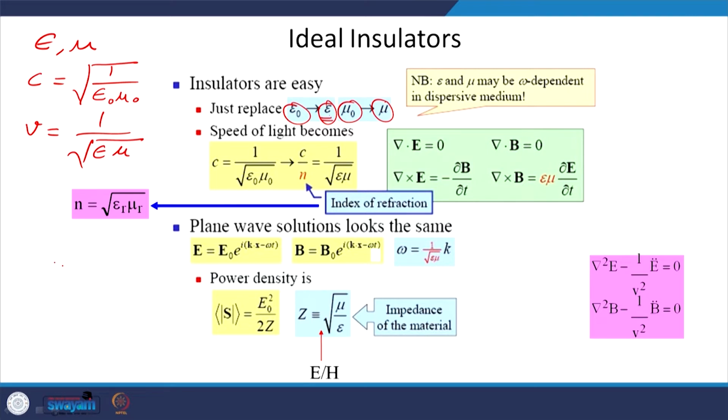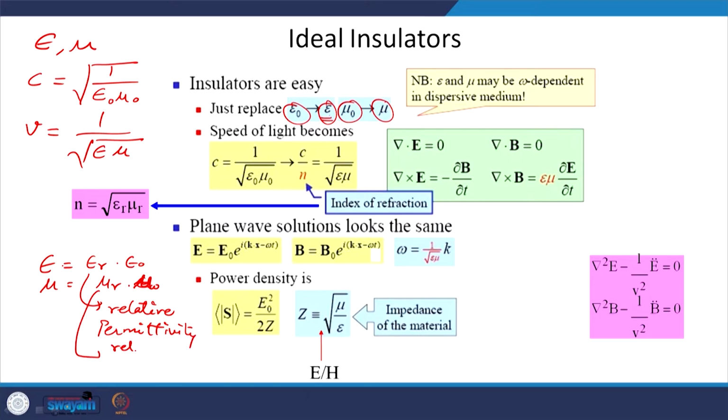You can always write epsilon as equal to epsilon r into epsilon naught and mu is equal to mu r into mu naught. This is relative permittivity, and this is relative permeability.